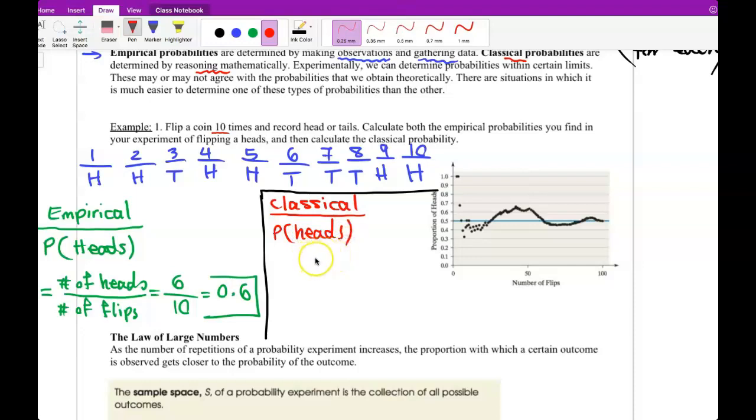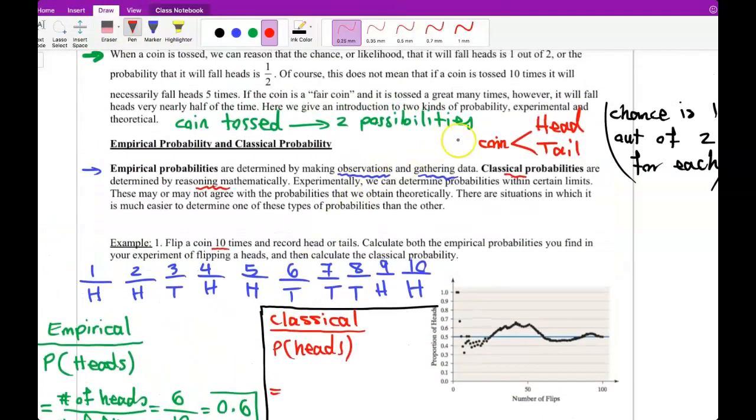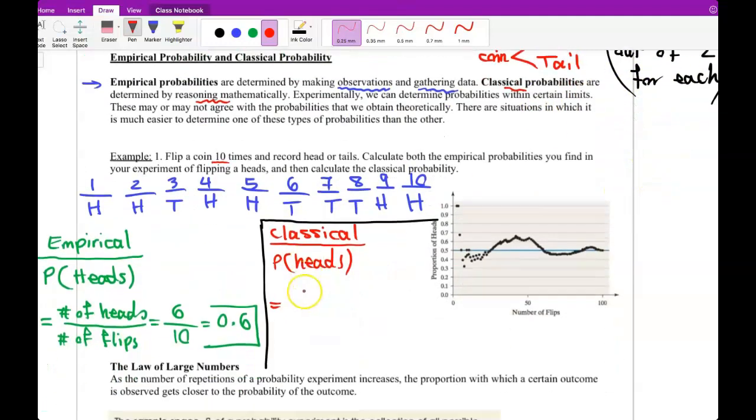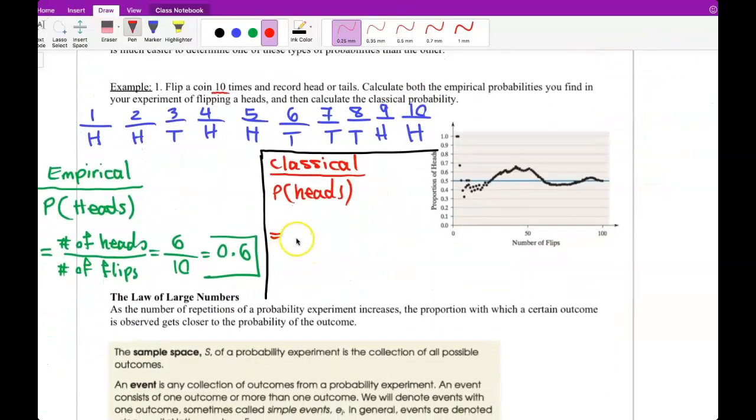So the probability of heads is equal to, again, the number of heads on the coin. So here we had this data based on our observations, but this one, the classical, is based on what we have here on top, that when we use a coin, we are gonna have two possibilities, and that is one head, the other one is tail. Having the chance for each one is 1 out of 2. So we're gonna use that one on top for this part.